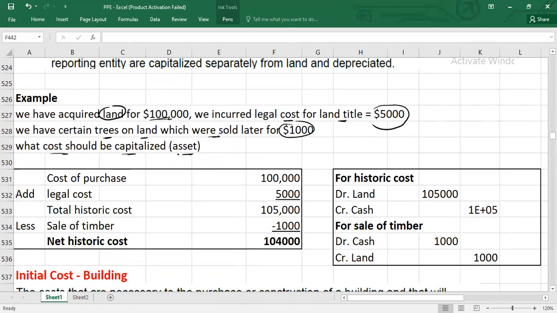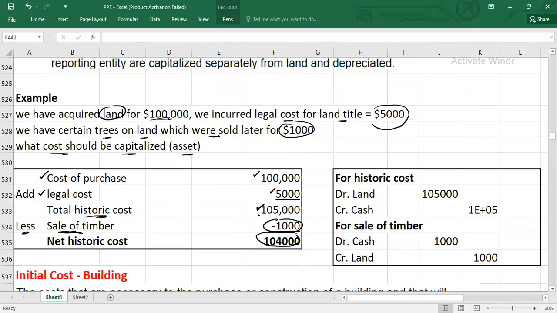I mean, what is the part of the asset? So here you will take the cost of purchase, which is $100,000, plus legal cost, which is $5,000. So your total cost is $105,000. Now you will deduct from here the revenue from the sale of timber, because it is going to reduce your cost of land. It means your net cost of land is $104,000.